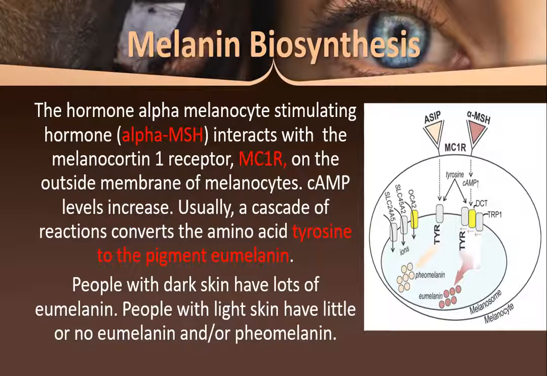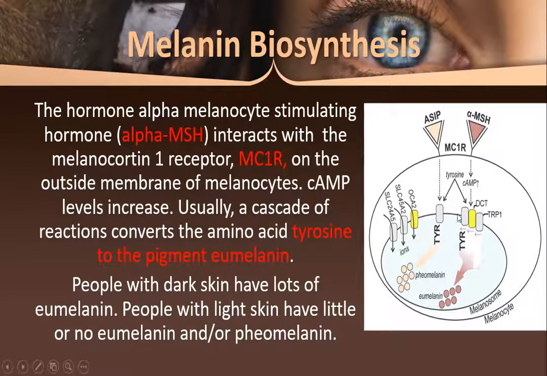So when cyclic AMP increases, then a whole cascade gets activated. Usually a cascade of reactions converts the amino acid tyrosine to the pigment eumelanin. I will show you another diagram in my next slides where you can understand easily.